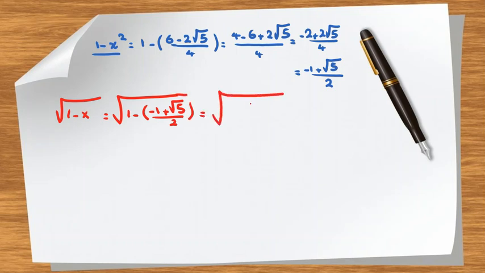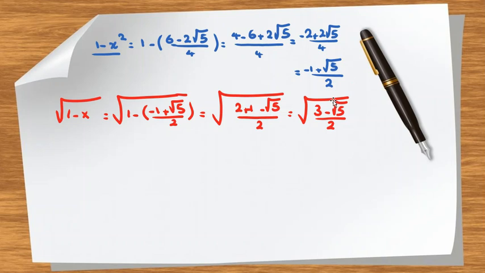So it will be what? Square root of this number. It is 2 and 2 plus 1 minus root 5. It will be 3 minus root 5 over 2. So I want to prove these two numbers are equal, this and this.